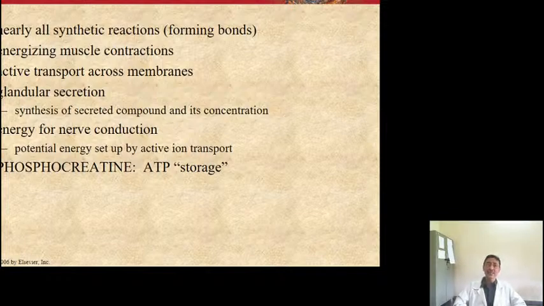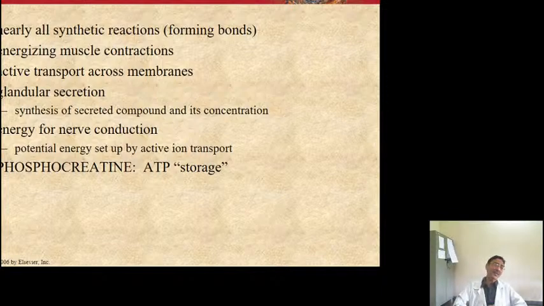The energy consumption required in the synthesis of these glandular secretions also comes from ATP. Lastly, nerve conduction, the energy for the generation of impulses and the transmission of impulses from one point to another, is also by means of active ion transport, and the energy for this active ion transport is provided by the ATP present there.